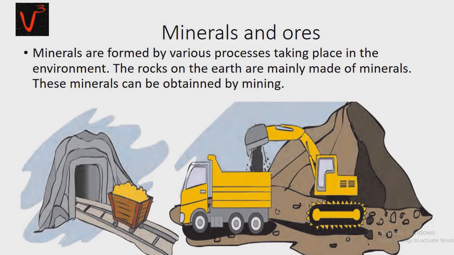Only a few metals like gold, silver, copper, platinum and bismuth occur in the free state in nature. A majority of metals occur in the form of compounds. That's why they have to be extracted from their compound form to the purest form.